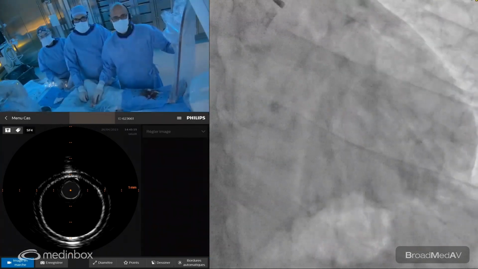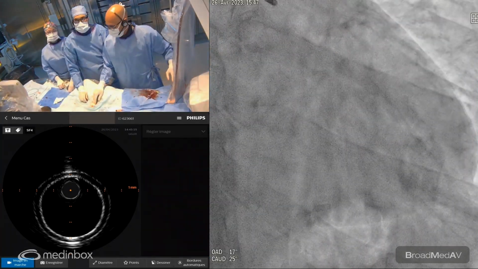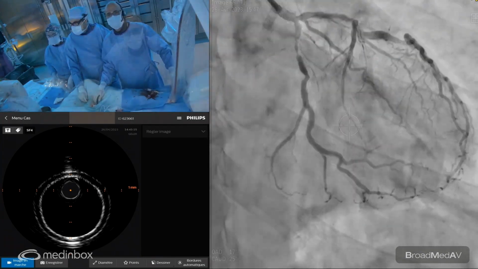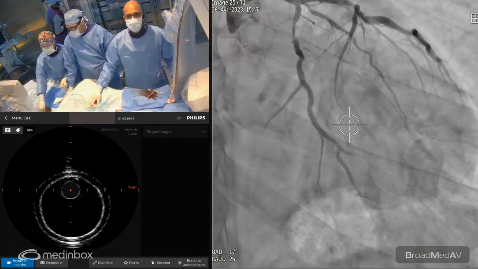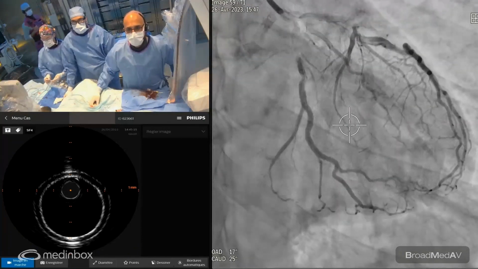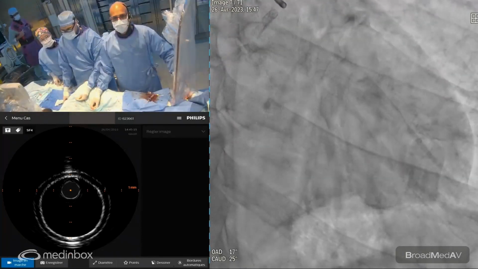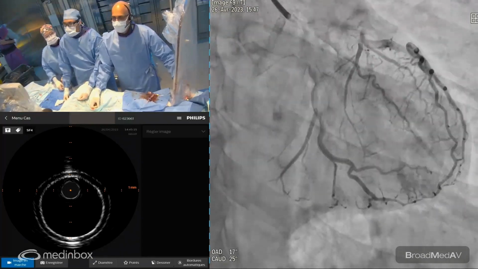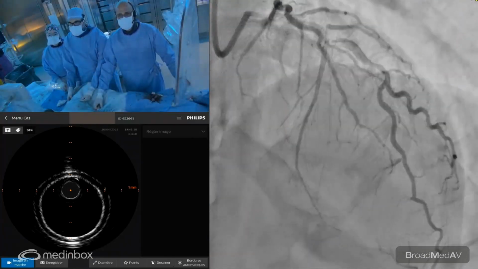So we see much less calcium on the left system than we saw on the right system, but still. The circumflex looks pretty calcified to me, and there's clearly distal main disease. For sure, the issue with atherectomy in this kind of case is that you need only one wire. And there's also the tortuosity in the LAD.